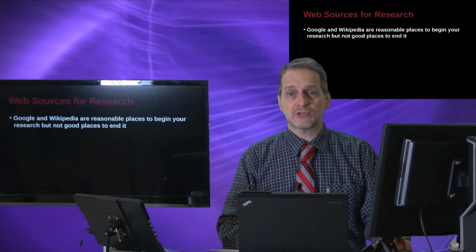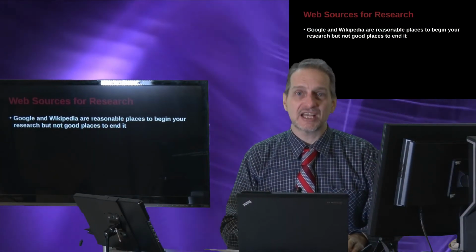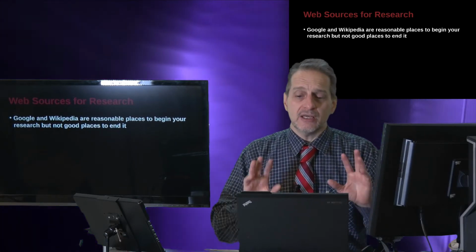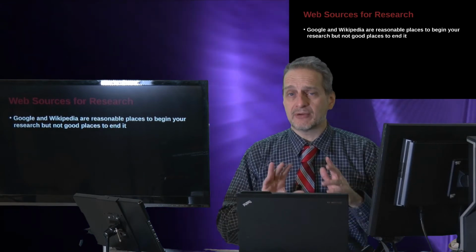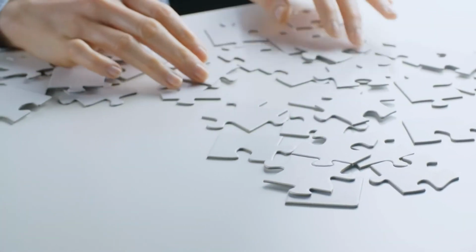The first thing I want to address is the difficult question that teachers have with students, and that is using the internet. The internet is a great source of information, but one of its biggest weaknesses is that information often is not complete. It's not detailed enough.